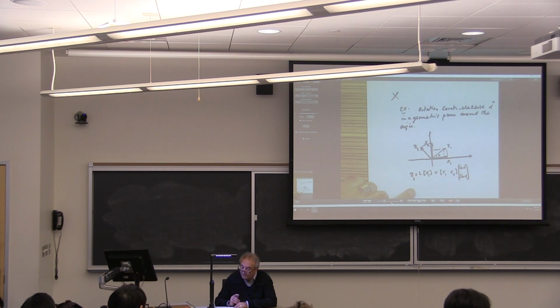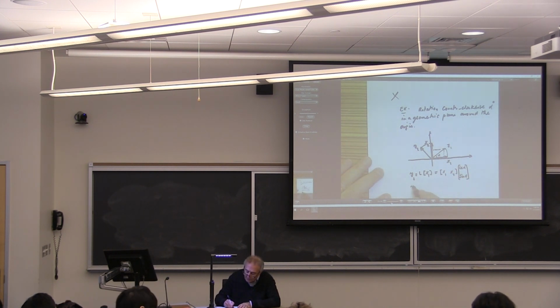Is that clear? Now we go to y2. y2 is equal to L operating on x2. With respect to x1 and x2, you have the second column of the matrix A. How do we do that? We do the projection here and here.